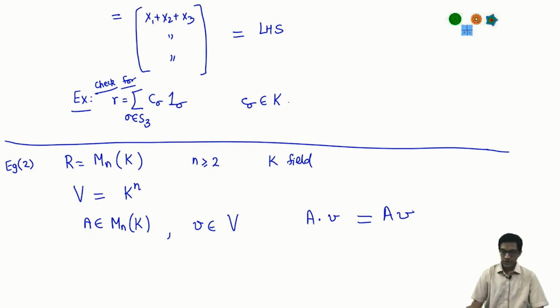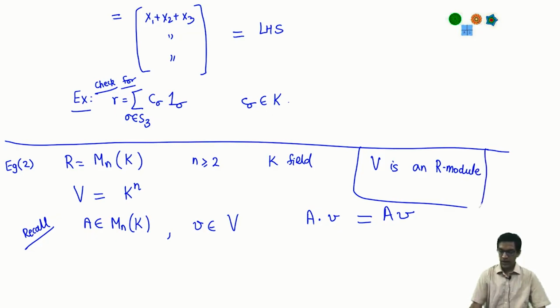I'm just recalling for you the scalar multiplication on this module V by elements of R. So again V is an R module. Look back on the previous lectures to recall precisely how this became a module.